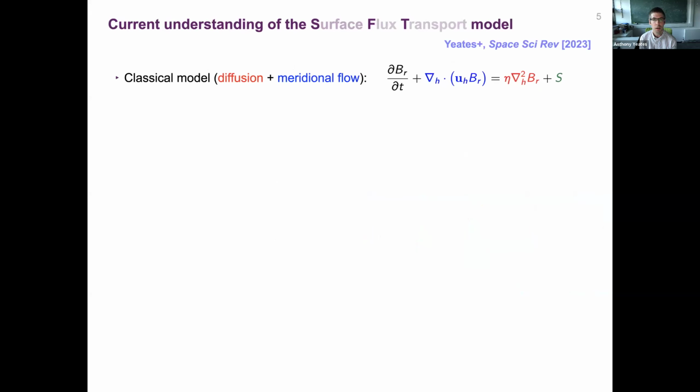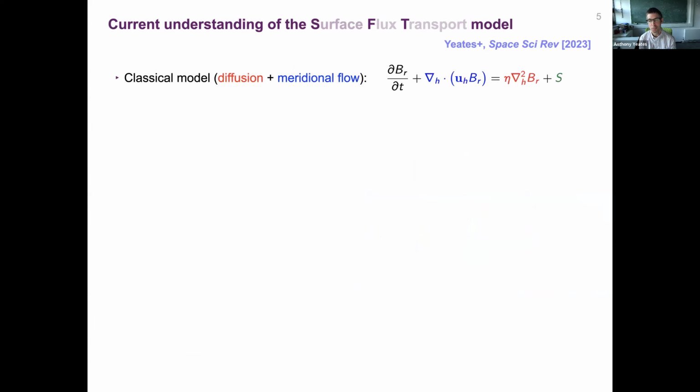This understanding is based on the flux transport model, as I said. Several of us were involved in a recent review paper as part of an EC workshop where we talked about our latest understanding of this model in this context. But the basic model is quite simple. You treat the radial magnetic field on the photosphere as a passive scalar.